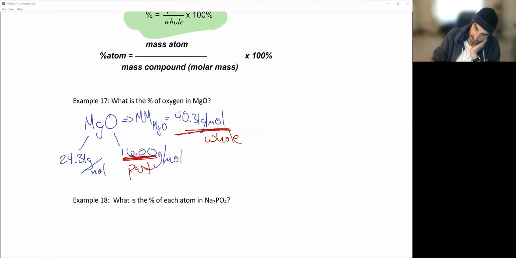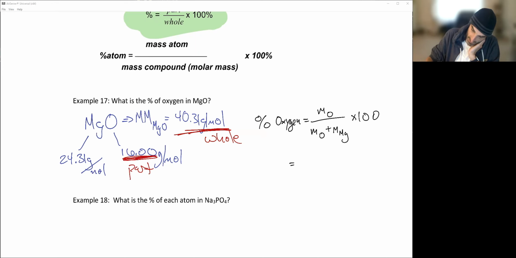So when we're doing this math, all we're going to do, so percentage of oxygen is equal to the mass of the oxygen divided by the mass of the oxygen plus the mass of magnesium times 100. So for this one, the mass of the oxygen is 16.00 grams per mole.